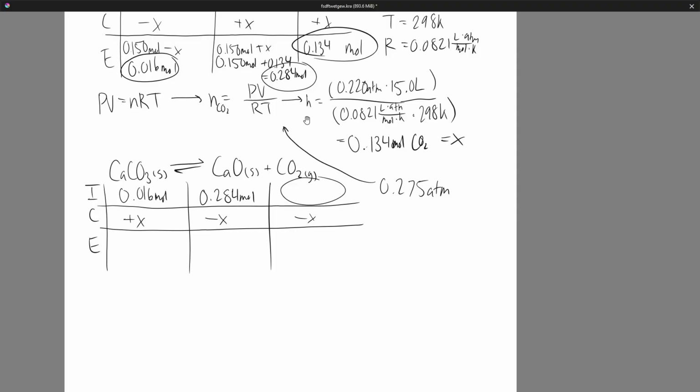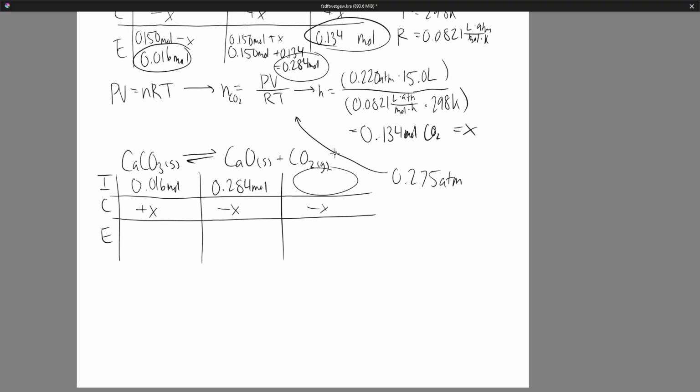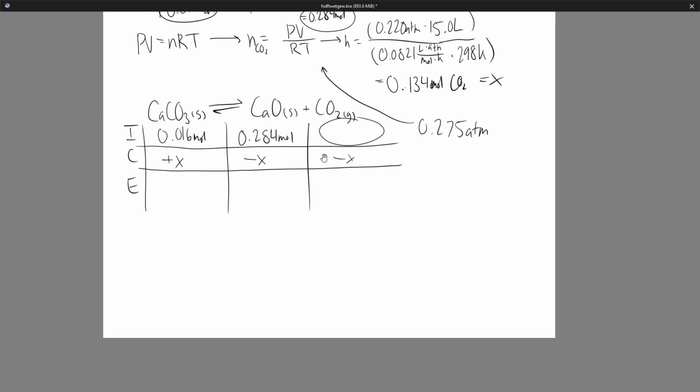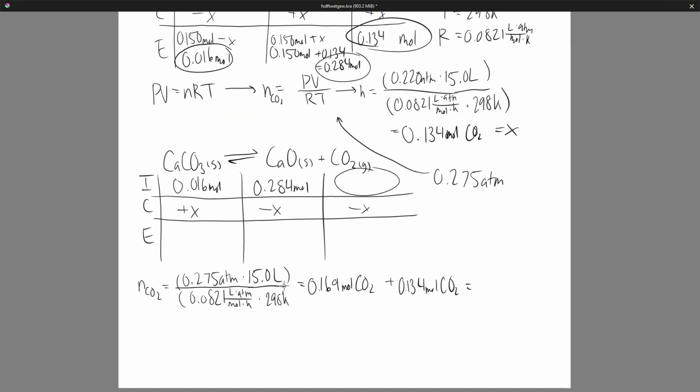And with that number of moles, we're gonna add it onto our equilibrium concentration to find the initial one for this ICE table. So I'll go ahead and do that real quick. This is what it should look like after you find the number of moles of CO2. This is what we solved for, and we just added on top of that the x value here.